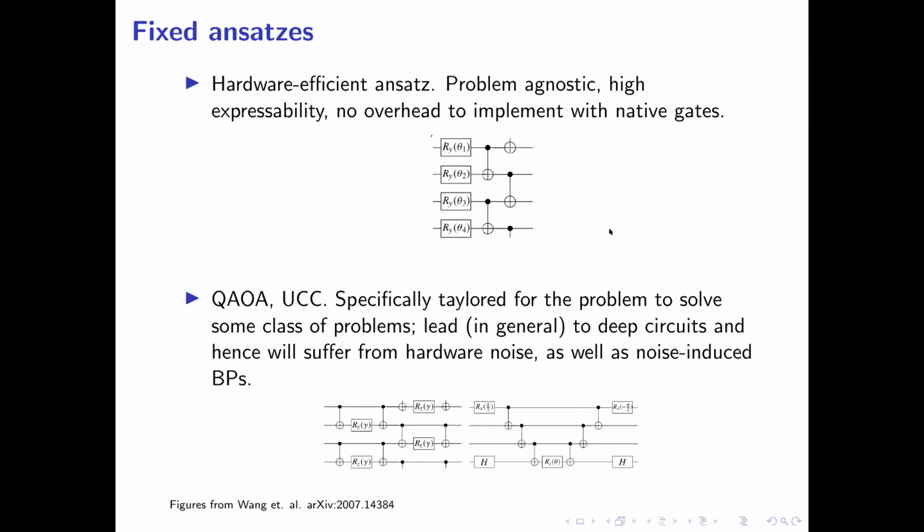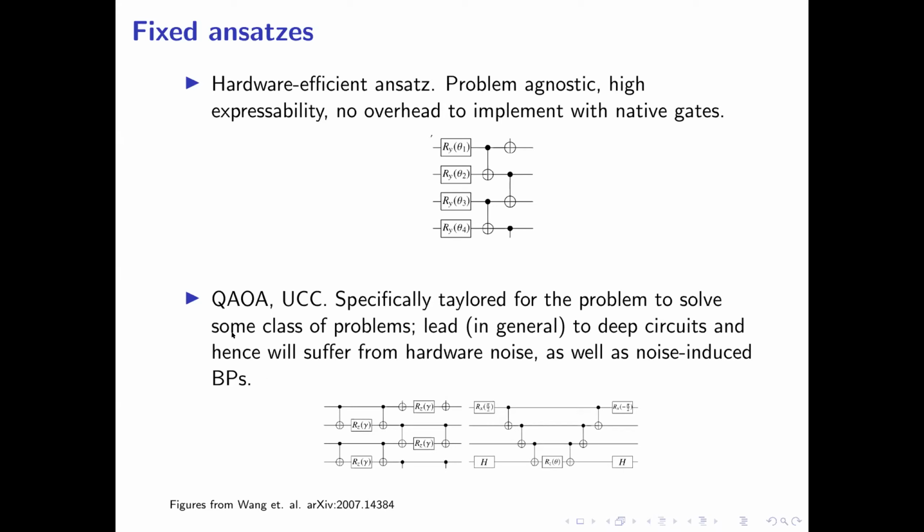One can see that this is a very expressive ansatz, and there is no overhead to implement it with native gates. That's why it's hardware efficient. But the problem is that it is often too expressive, leading to barren plateaus, in particular when randomly initialized.